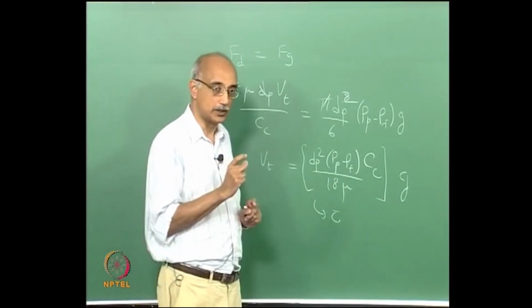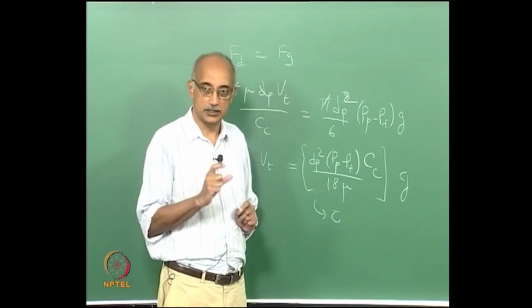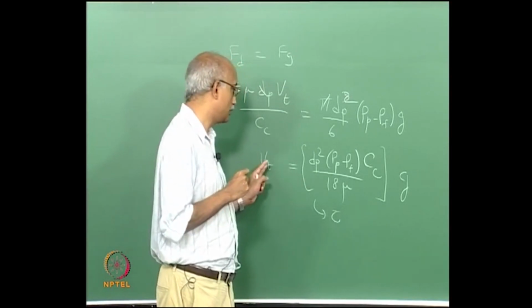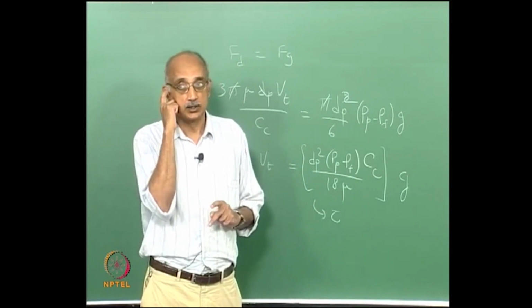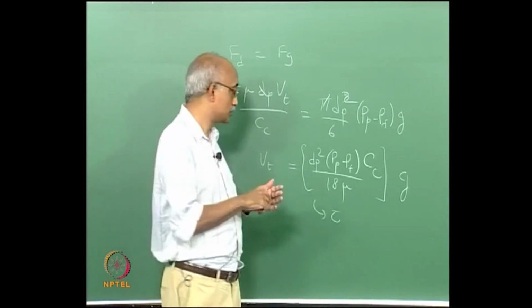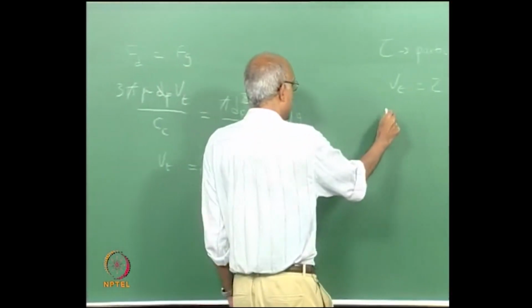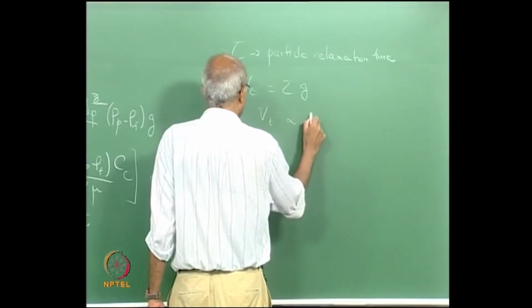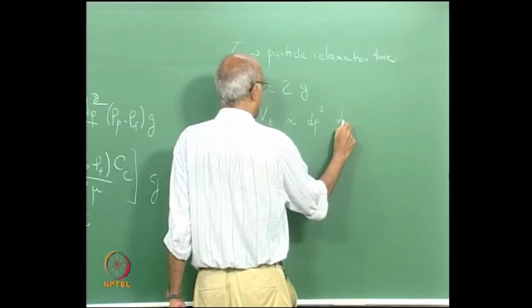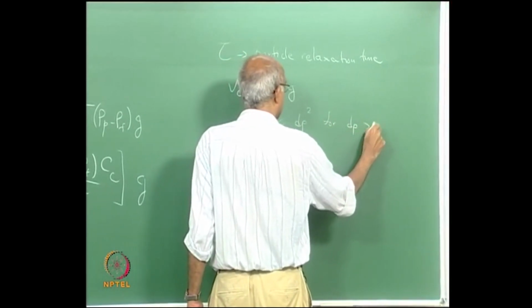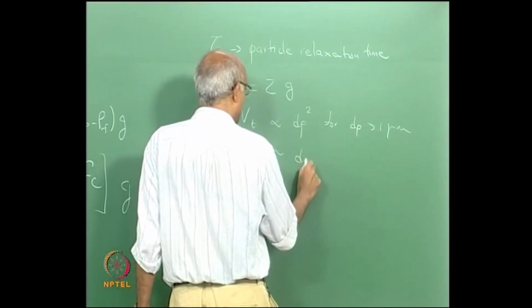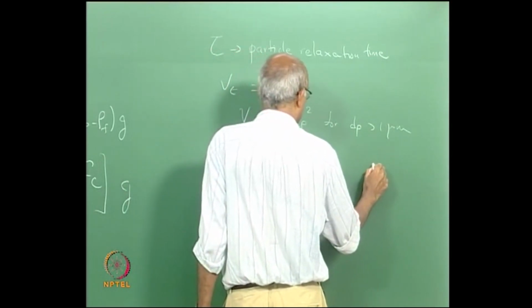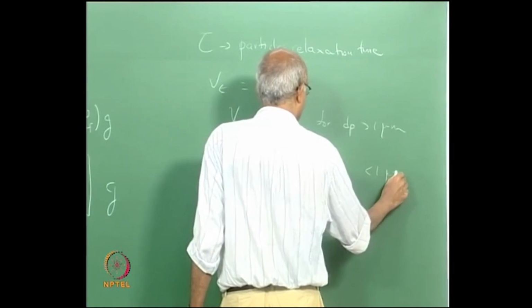So, for finer particles that are in the micron and less size range, the actual dependence of the terminal velocity on particle size is linear, it is not quadratic. So, Vt is proportional to dp squared for dp values typically in excess of a micron, and it goes roughly as dp for particles that are less than 1 micron.